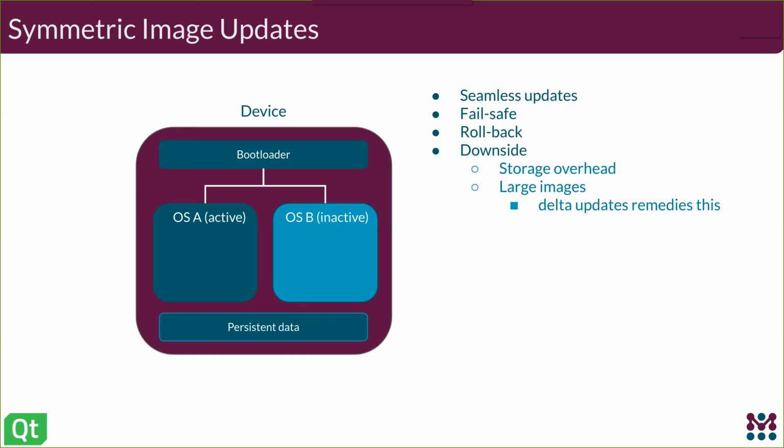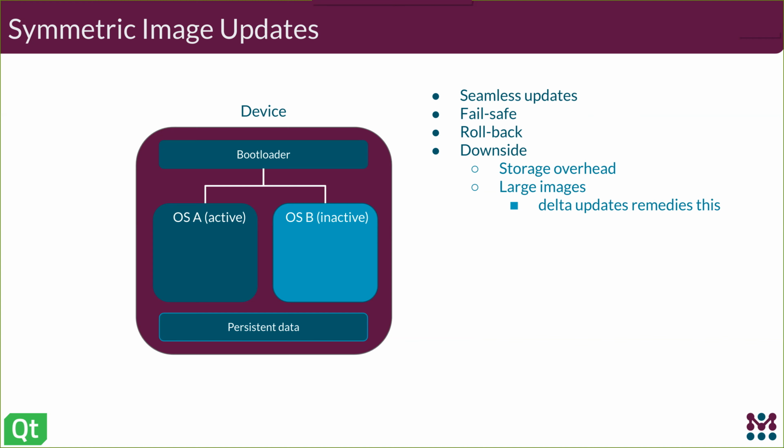So you're just updating OS B, and to activate the update, you just switch. So now OS A becomes inactive and OS B becomes active. And obviously this has built-in fail-safe and rollback. So if OS B turns out not to work or doesn't start, you always have the option to go back to the previous one.